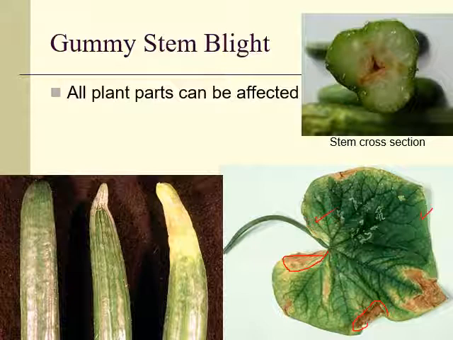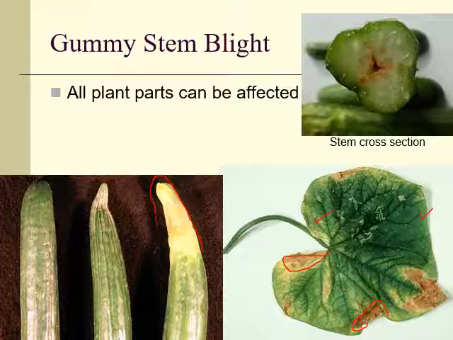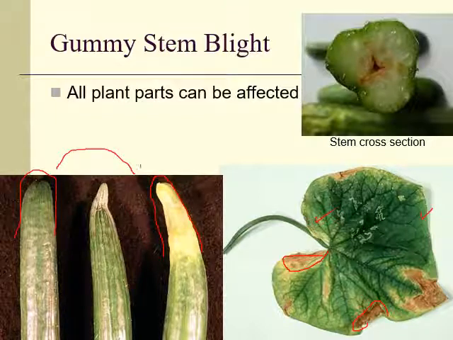So it's asymmetrical. That sort of is one of your clues that there may be something going on here that's not necessarily nutritional. It's not always the case, but is more often the case. And then of course the fruit thing here, yellowing, it could look healthy, but if you slice it open, you might see that brown region in it.